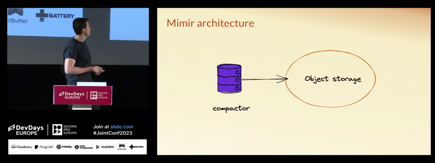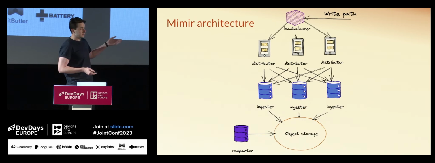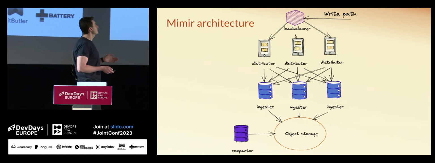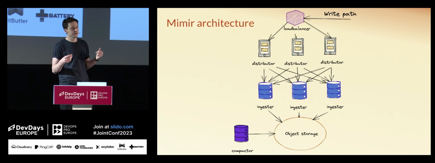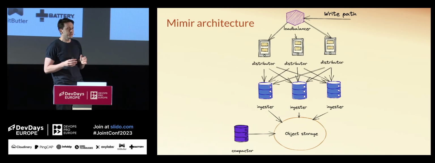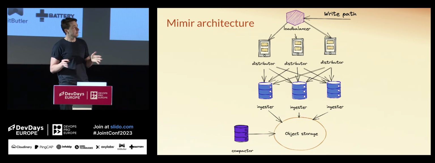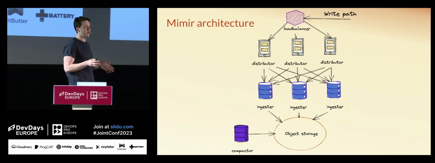That's pretty cool. And how does data get to the object storage? This is the write path for Grafana Mimir. You have distributors here, which are stateless components that receive writes from the clients. They shard and replicate the data to multiple ingesters. Ingesters are the components which actually contain state.